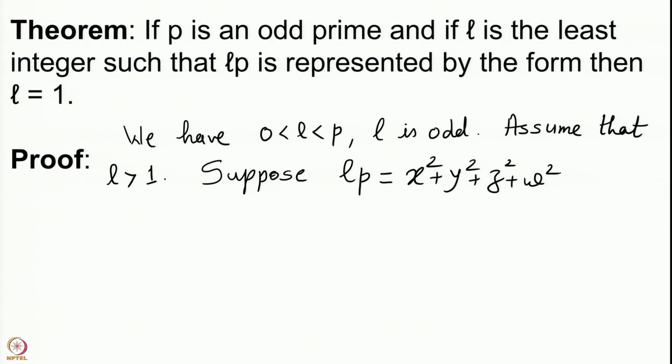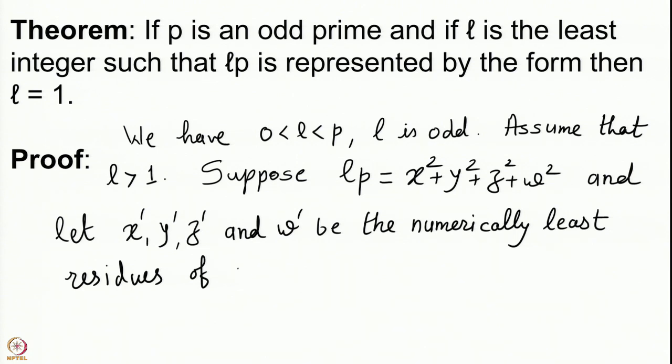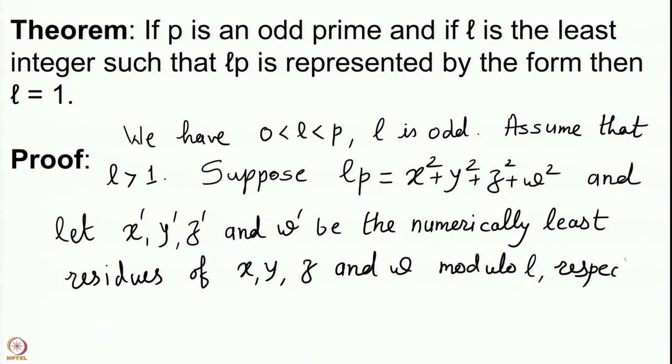This is our representation of LP by the form, and let x prime, y prime, z prime and w prime be the numerically least residues of x, y, z and w modulo L respectively.